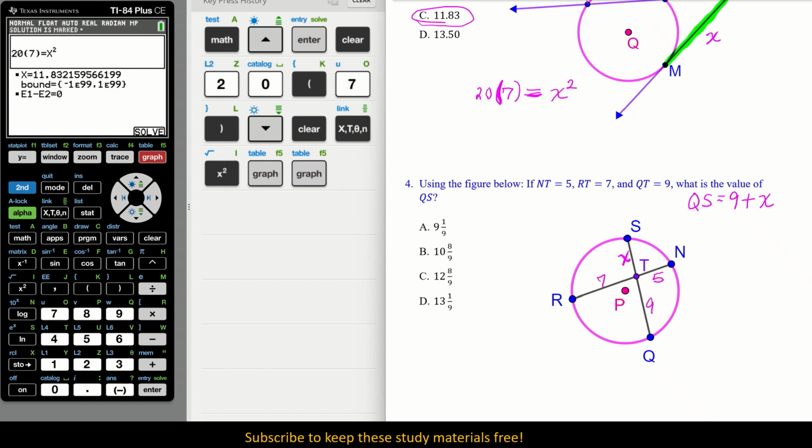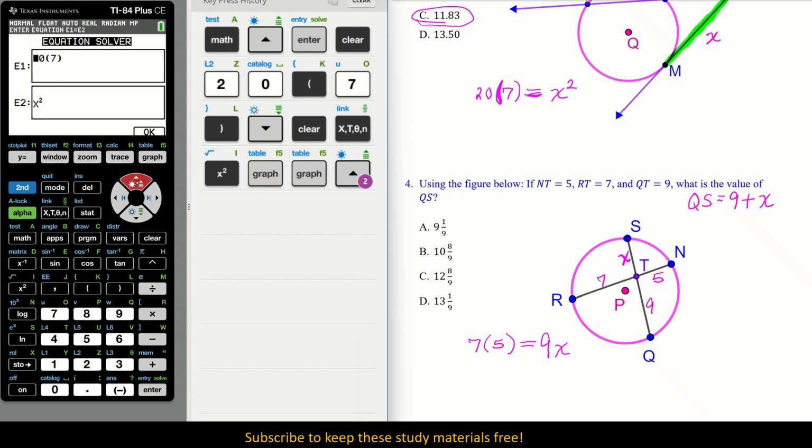Again, they are trying to test your knowledge of these properties. So what is that? Well, we know that if we multiply the segments that make up RN, so let's do that, 7 times 5, those segments going one way, if we multiply those two segments together, they are equal to multiplying the segments going the other direction.